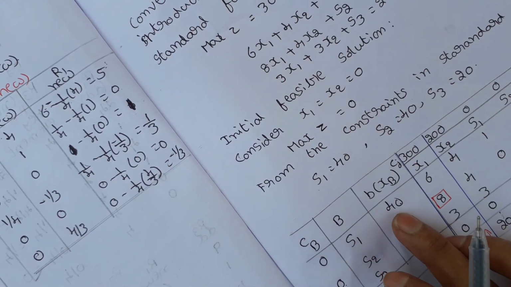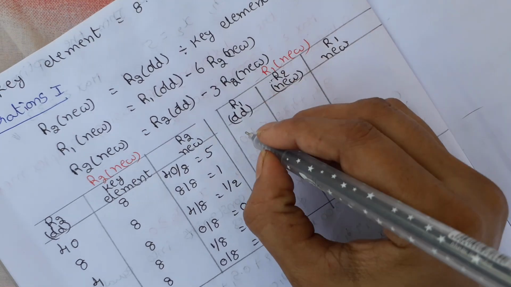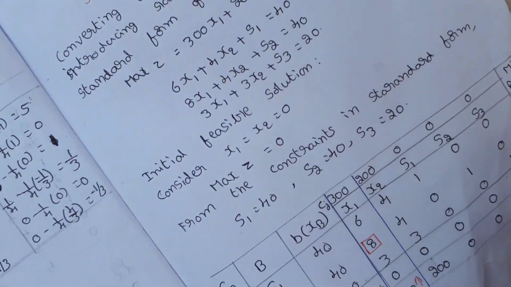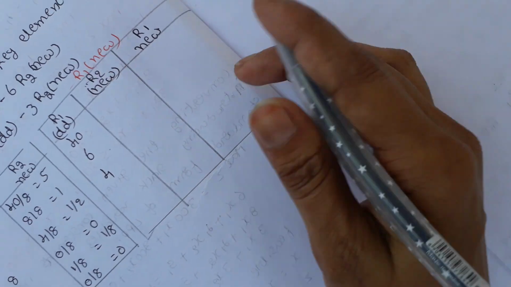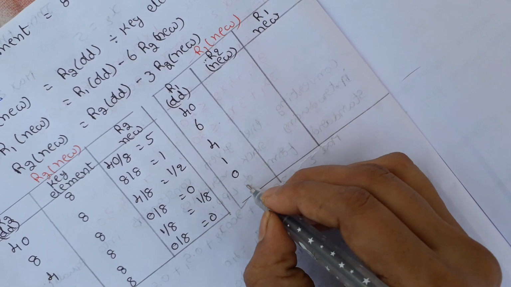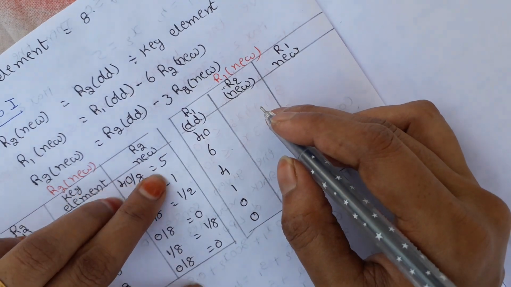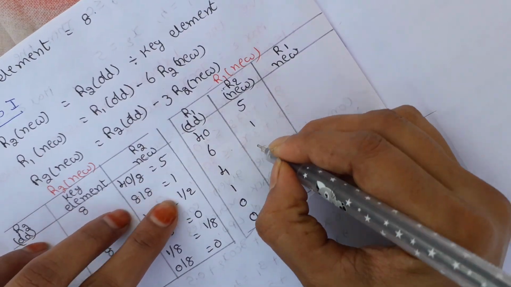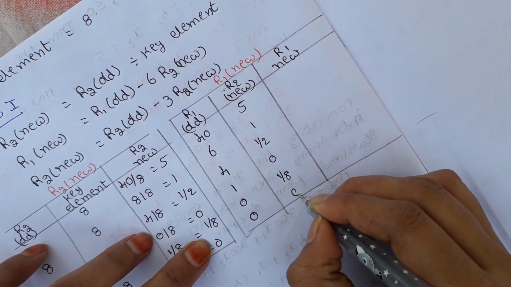What are the R1 old values? 46, 4, 1, 0, 0. Now what is R2 new? We have calculated it just now: 5, 1, 1 by 2, 0, 1 by 8, 0.